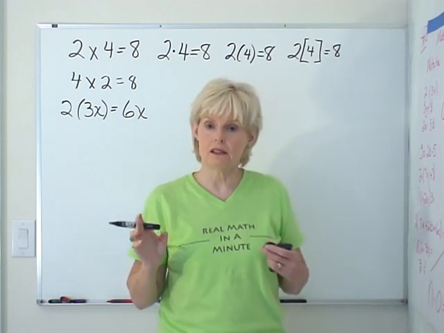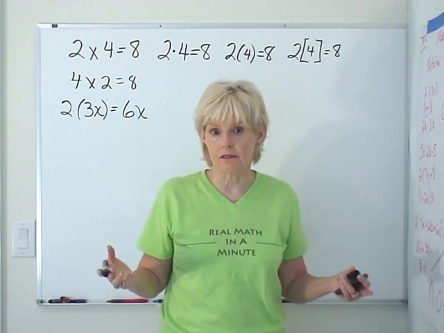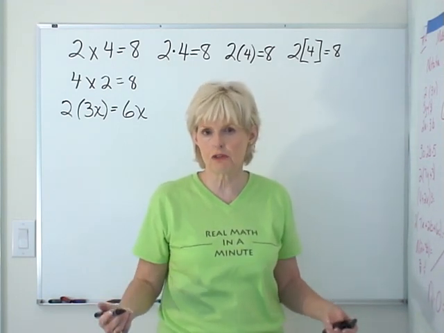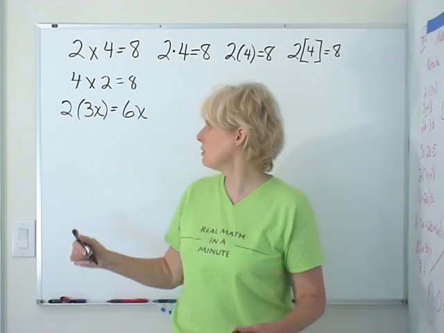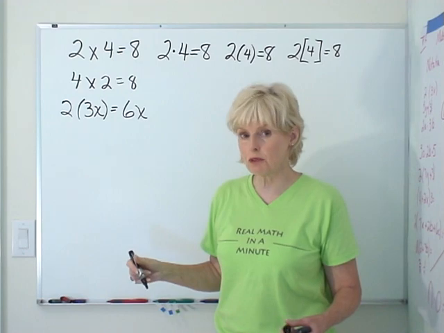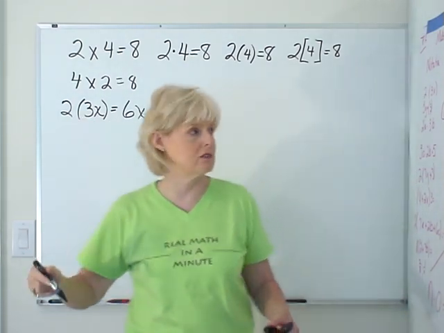But in multiplying, you can multiply anything. You don't have to have like terms. So we could not have added 2 and 3x, but we can multiply 2 and 3x. So 2 times 3x is 6x.